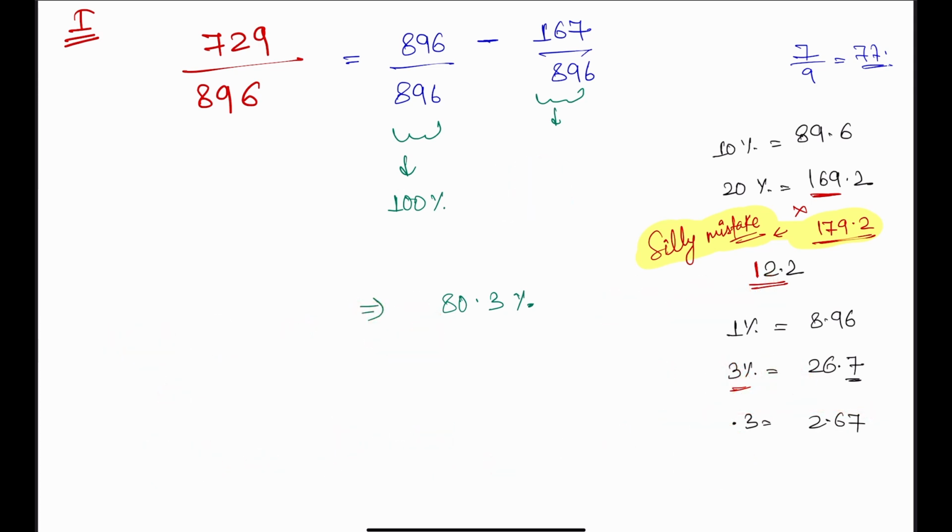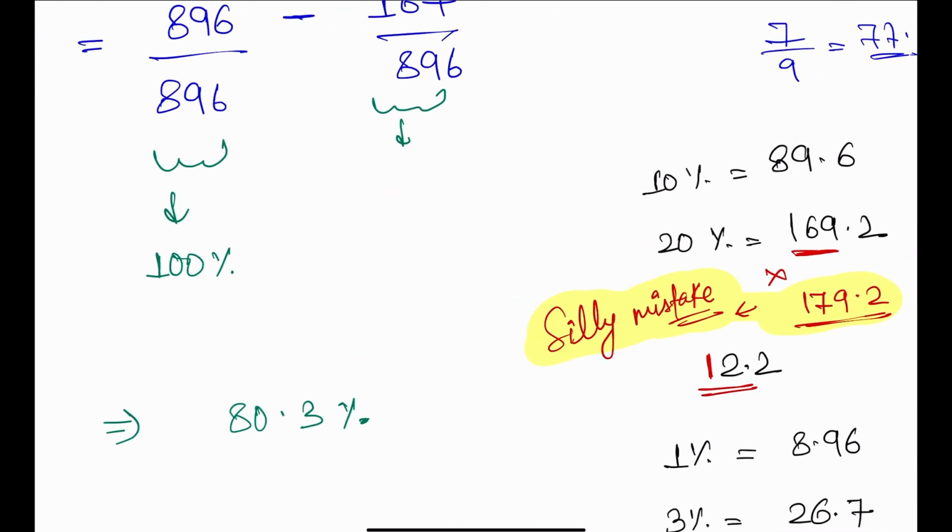So eventually it will be 167 upon 896. It will be 20 minus of 1 plus 0.4%, so it will be 18.6%.